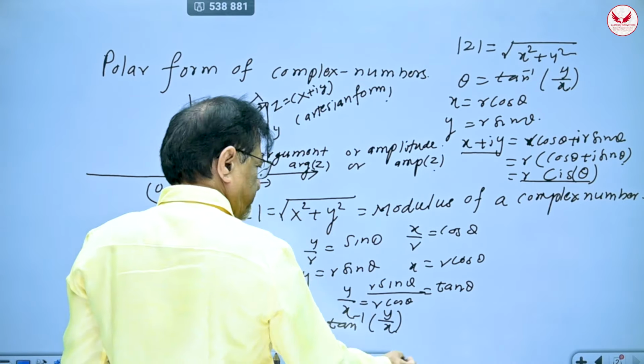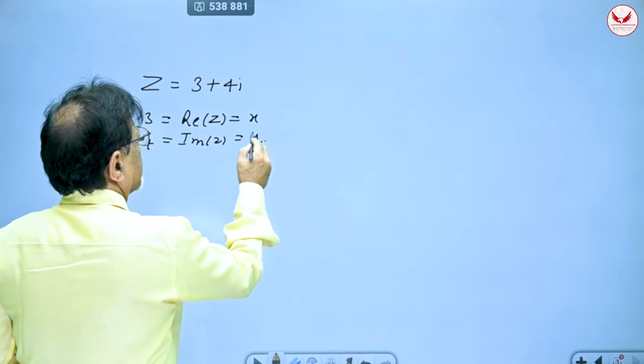So let us take an example. Say we have a complex number z, of the form 3 plus 4i. So what is 3? 3 is the real part of z, which we call x. 4 is what? Imaginary part of z, which is y.